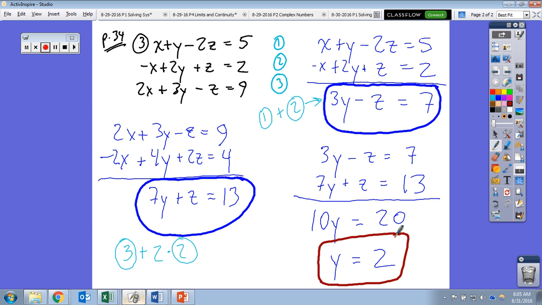And it shouldn't matter which. There are always little points while you're doing these problems where you can check your work as you go along. If I plug 2 into here, I should get the same z value as if I plug 2 into this equation. If you don't, then you may have made a mistake.